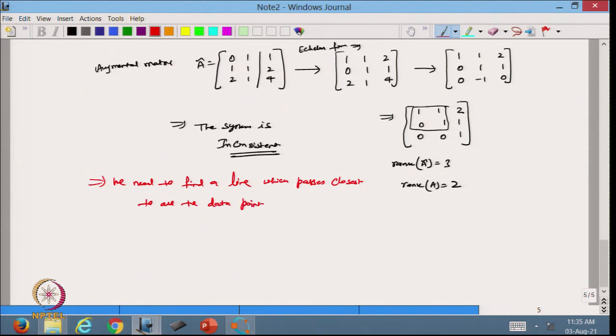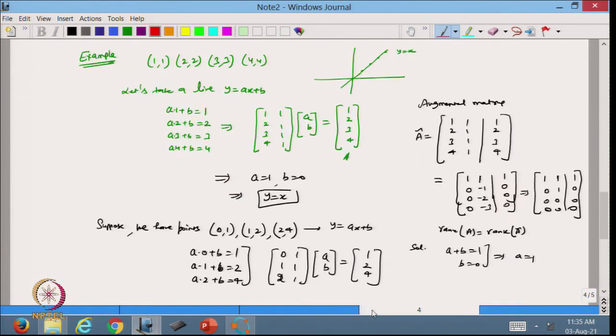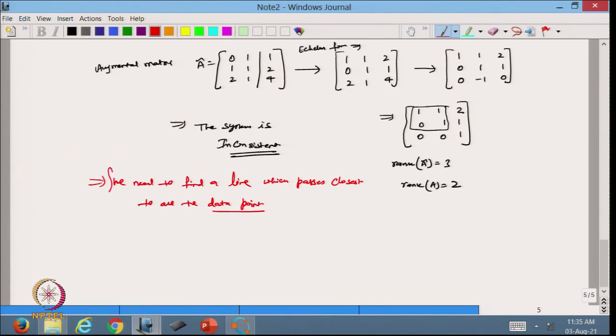So, this is what I need to do to find out the line fit. How can we do this, because I found that the system is inconsistent? If the system is inconsistent, then how am I going to solve this system? That is one of the main questions for finding the solution of this one.